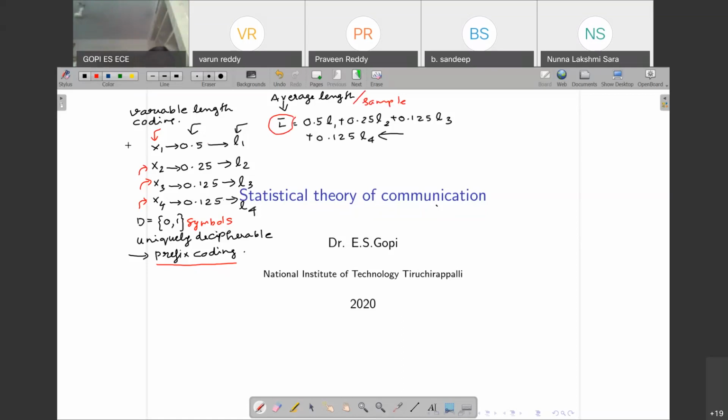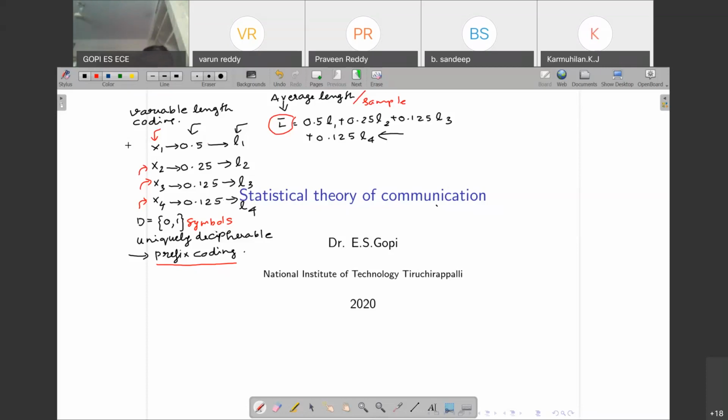So in that case, how do we code it? In other words, what lengths L1 and L2 can we assign for the messages? As you already know, you have to assign fewer bits to messages with higher probability.